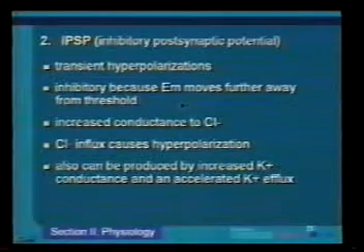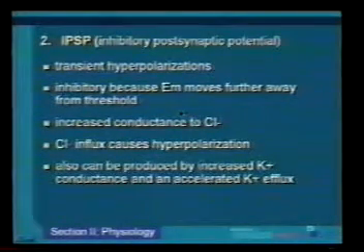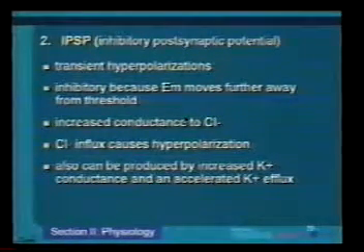Now, you should realize an IPSP can never be produced by opening sodium channels. It must open a channel that causes a hyperpolarization. Now, in a few instances, it has been demonstrated that an IPSP is produced because of an increase in the conductance to chloride. Now, this means not all cells are in equilibrium with chloride. These nerve terminals are not at equilibrium with chloride.